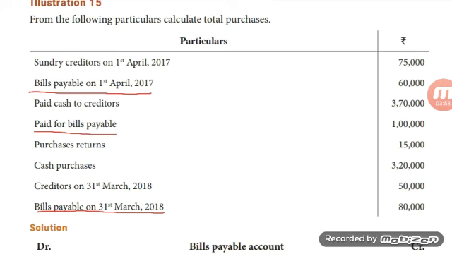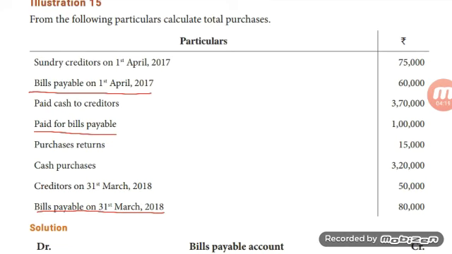The amount is 60,000. Then enter all other items on the opposite side as to cash 1 lakh, then to closing balance as by balance carried down 80,000.